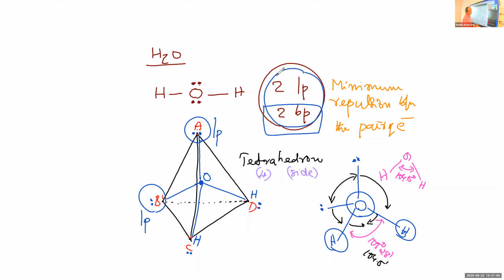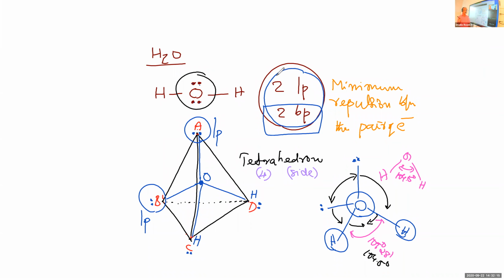And the bond angle reduces to 104.5 degrees. If you make use of the electron dot representation, the bond angle should be 180 degrees. As I mentioned in the last class, if we consider only the p orbitals bonding, then the bond angle should be 90 degrees.